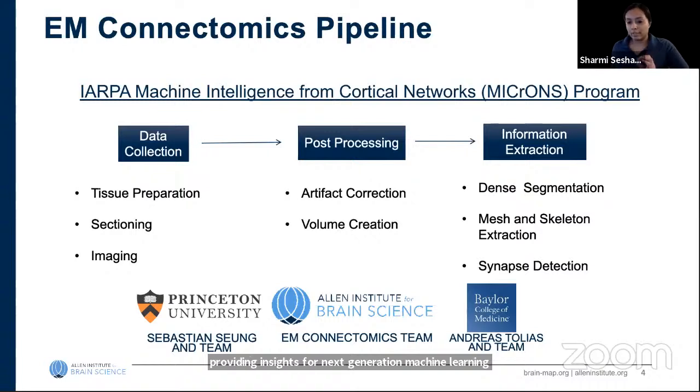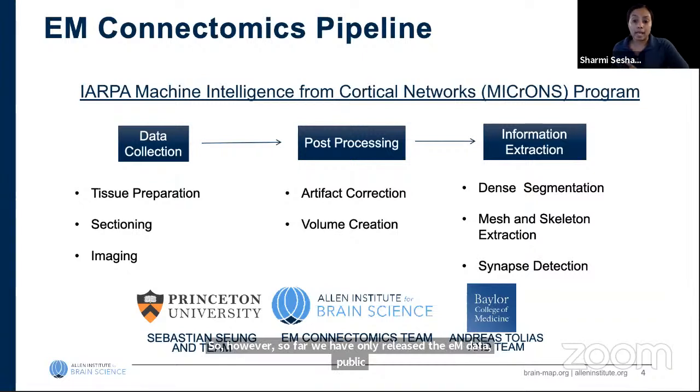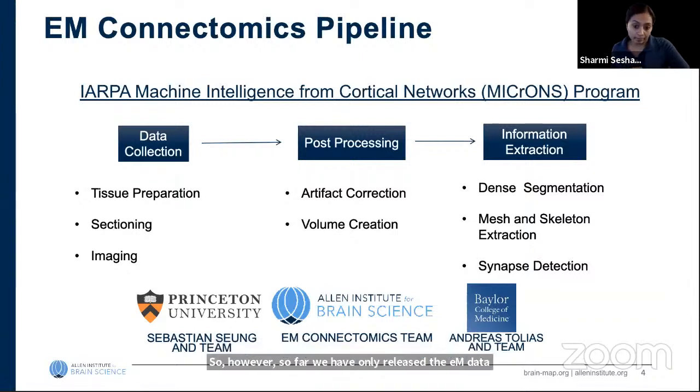More specifically, the aim was to map cortical connectivity with electron microscopy, as well as functional imaging, which Nick showed you a little bit about. However, so far we have only released the EM data publicly, so we will be discussing only that in the rest of this tutorial.